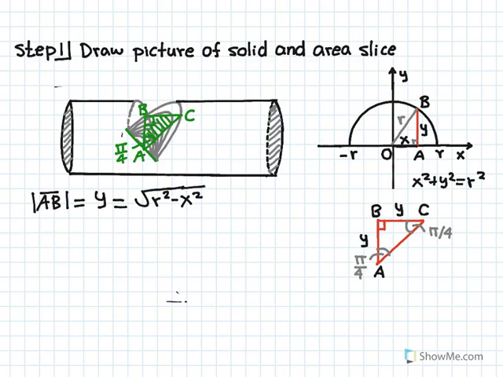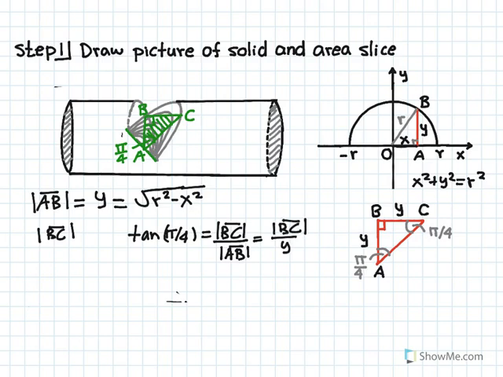Now let's look at the height of this wedge, the length BC. To find this length, we simply apply trigonometry. Tangent of pi over 4 is equal to opposite, which is BC, divided by adjacent, which is the length AB. But the length AB is defined as y. So let's solve for the length of BC.